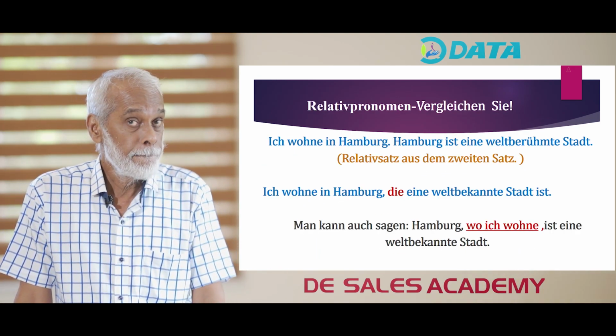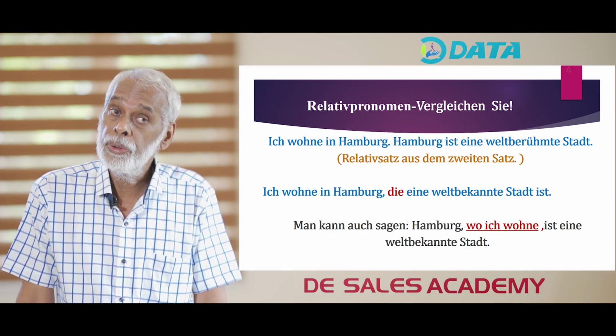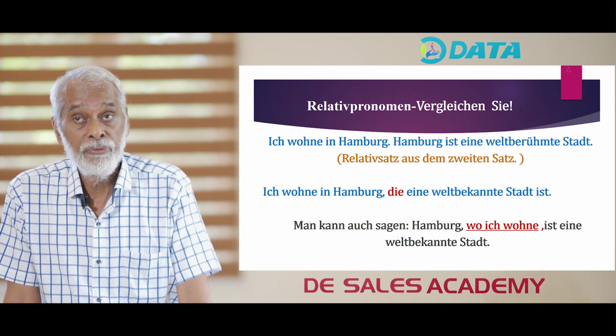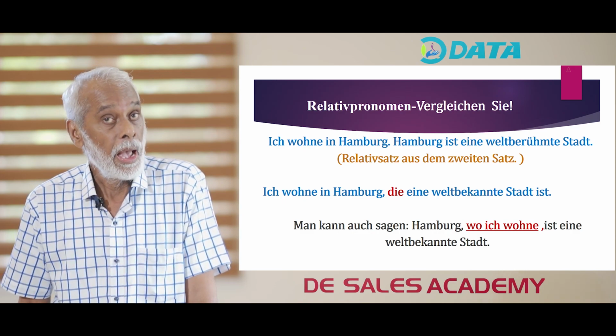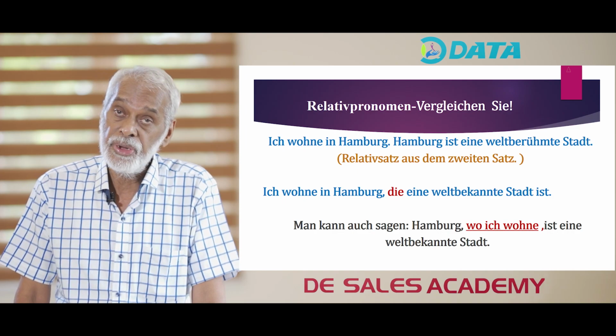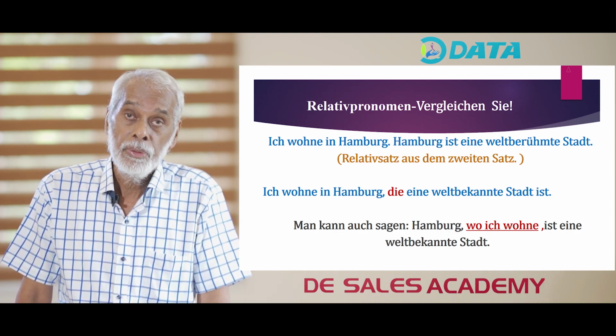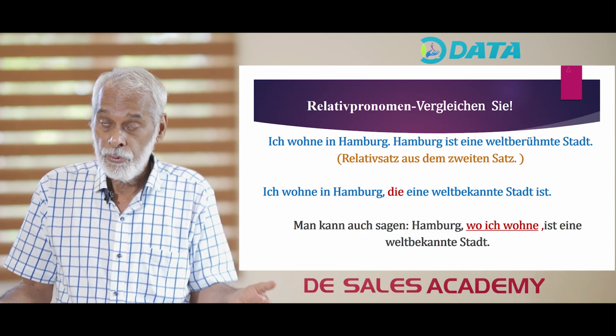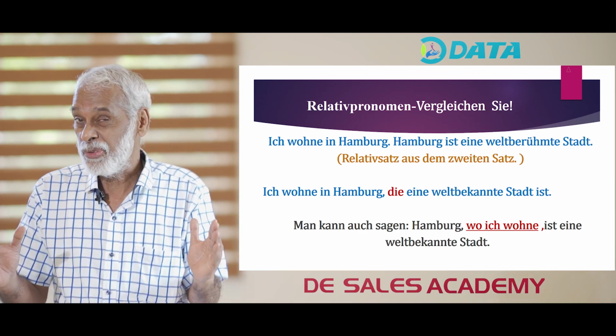Another Beispiel. Ich wohne in Hamburg. Hamburg ist eine weltberühmte Stadt. I am staying in Hamburg. Hamburg is a world famous city. Now, as we said earlier, we always have to make a relative sentence from the second sentence.